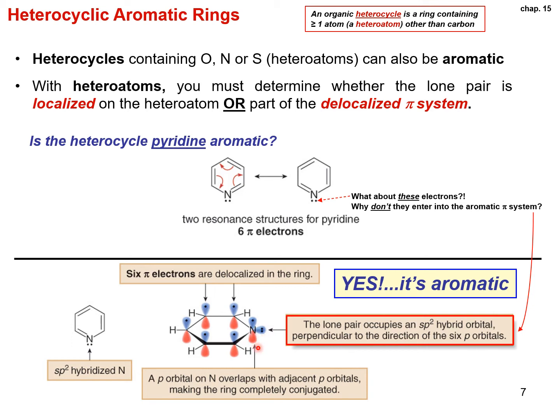This nitrogen is sp2 hybridized, and its p orbital here with the 1 electron, that 1 electron is part of this cyclic array of electrons that are making up the aromatic ring. And these 2 non-bonded electrons on nitrogen are in an sp2 hybrid orbital, which is perpendicular to these p orbitals, so there's no way that it can get involved in conjugation with these electrons. So we do not count those when we're adding up electrons to make up the Huckel number of electrons.